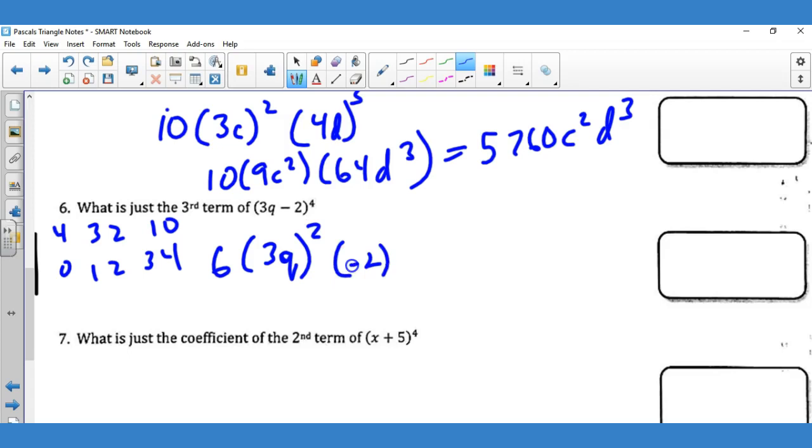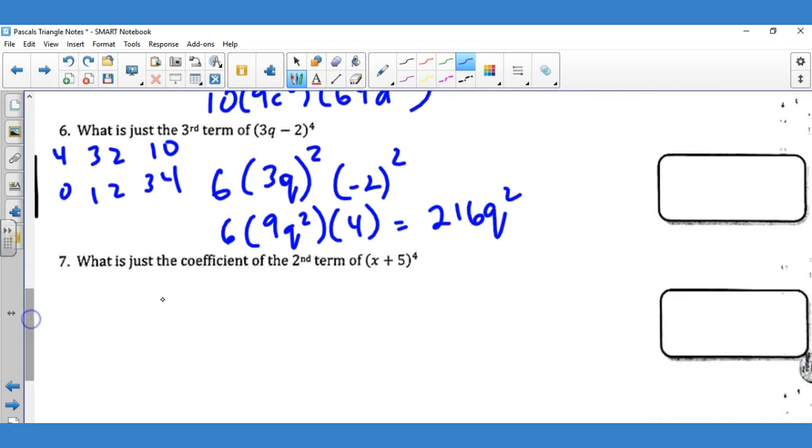And negative 2. Alright. So we get 6 times 9q squared times 4. So 6 times 9 is going to be 54. And 54 times 4 would be 216 q squared.